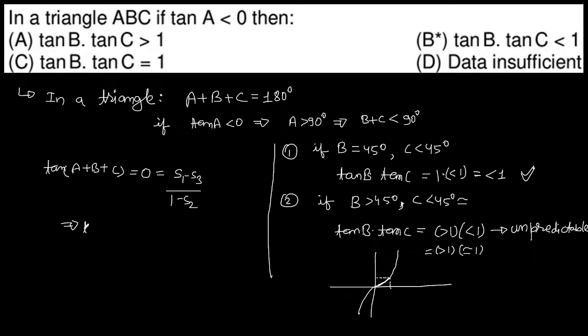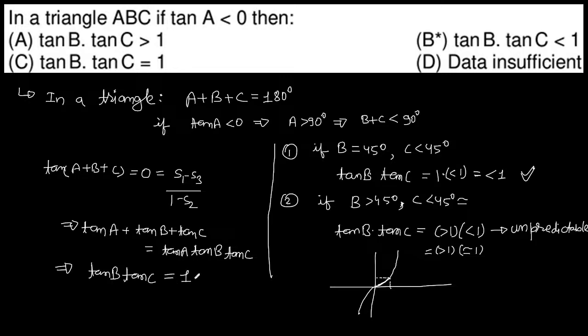So we can say that tan A plus tan B plus tan C is equal to tan A tan B tan C. So tan B tan C is equal to 1 plus (tan B plus tan C) upon tan A. So B plus C, and this is A. A is negative.